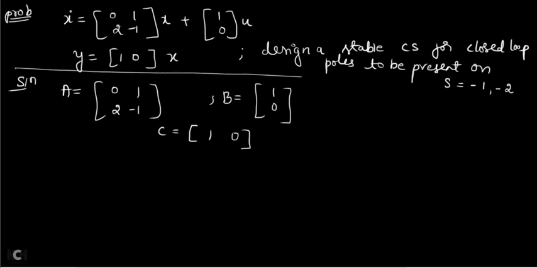So this is the problem question given. They are telling that using this control system state space model, you design a control system, and that control system should be stable.